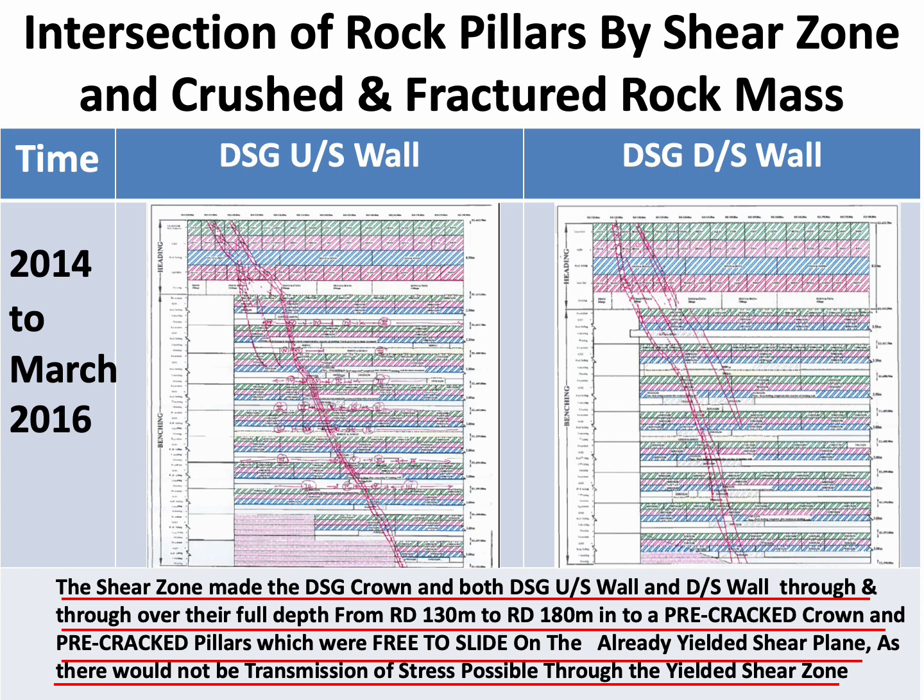Because of this, walls and the crown, this much is a representation of the crown and this much is a representation of the wall beneath the crown. So because of the presence of this shear zone, this crown and the wall are as if they are pre-cracked and they are free to slide on the shear plane.